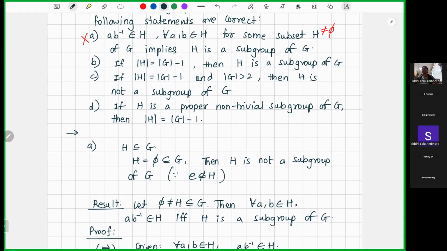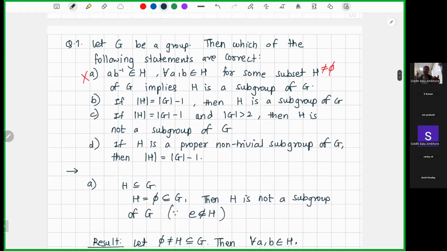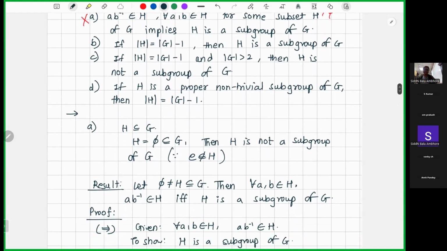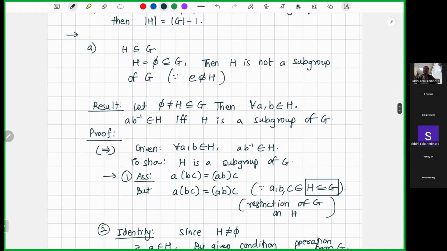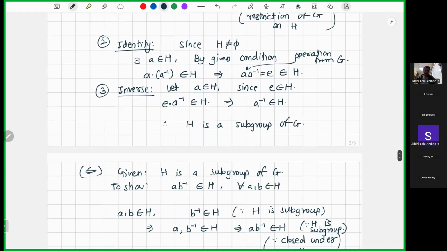If there is any doubt, please let me know. Otherwise, I will move ahead to the next question. I mean, next question means next option. Is this okay? If okay, I assume it's okay.